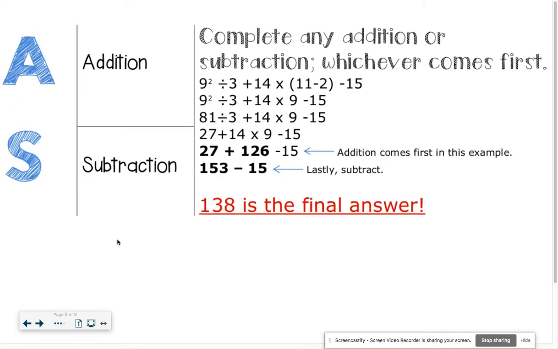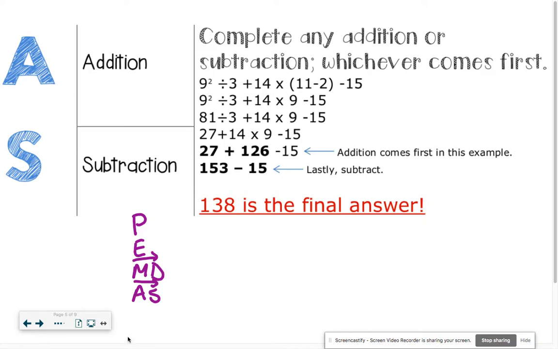The last one is the A for addition and the S for subtraction. Again, just like before, if we wrote the P for parentheses, the E for exponents, the M, D on the same line with the arrow, and then we get the A and the S on the same line with the arrow.